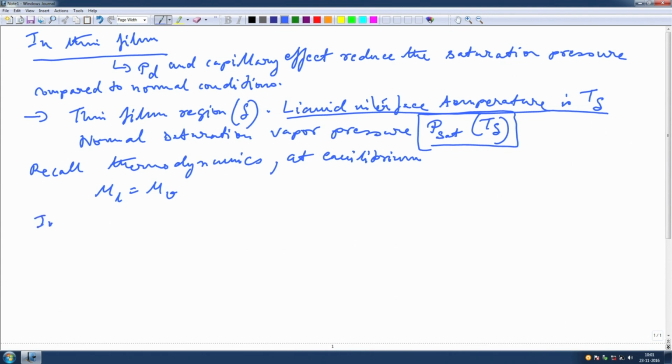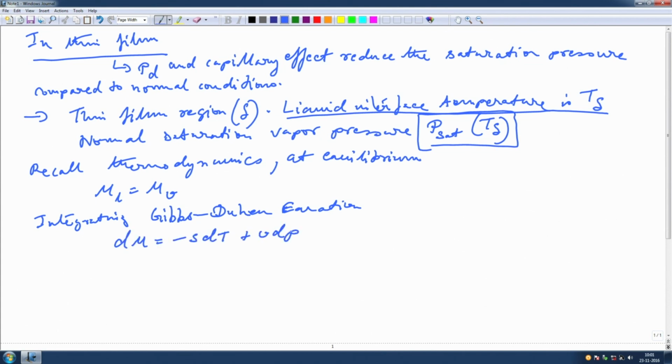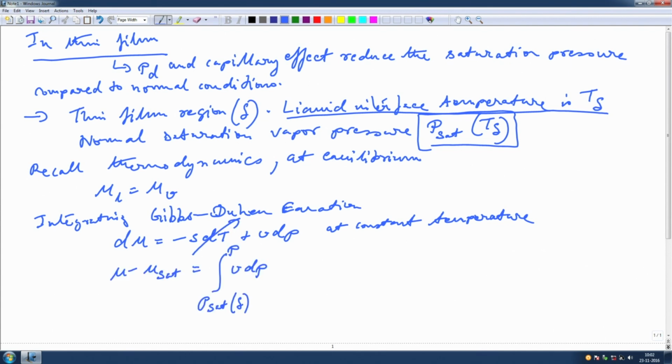Now, integrating the Gibbs equation, which is basically this, at constant temperature. Once you integrate it at constant temperature, this term vanishes, because it is a constant temperature integration.